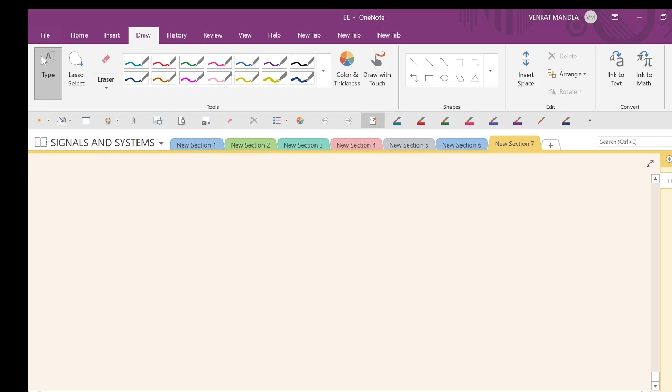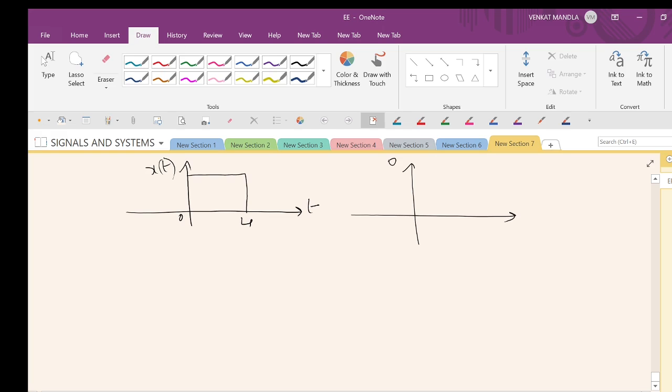The previous problem: x of t is from 0 to 4, and h of t is from 0 to 2. The amplitudes are 5 and 10.